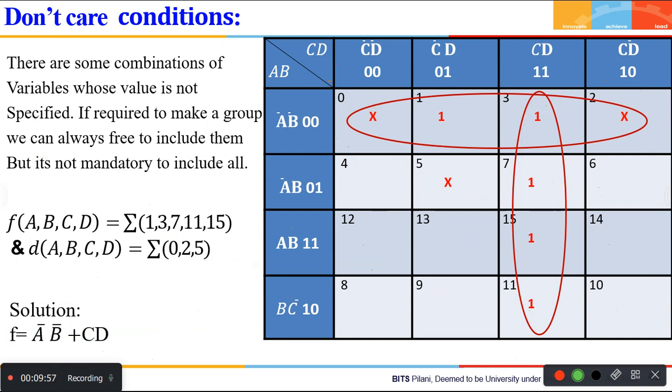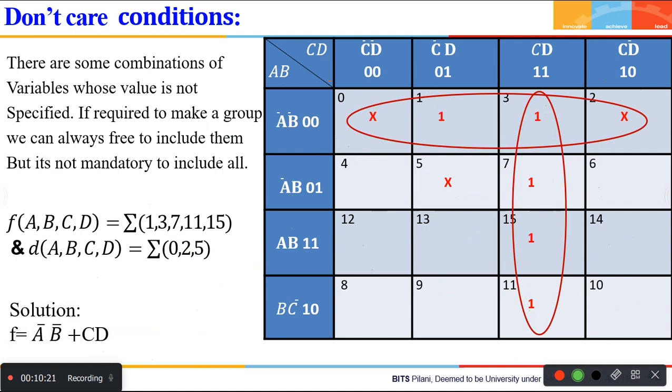Don't cares. See, this variable, normally when we write in the equation, we say it is either 0 or 1, right.